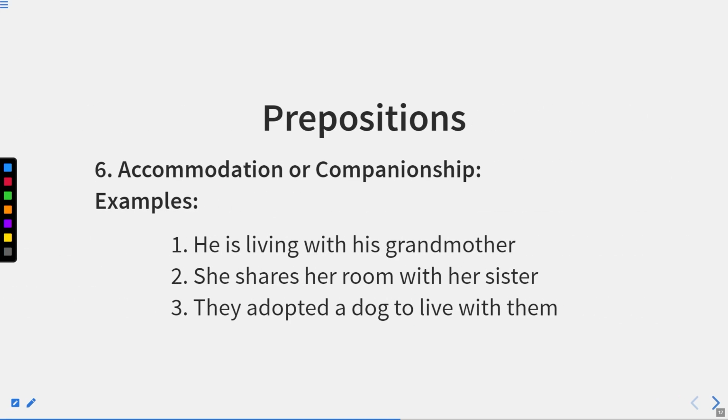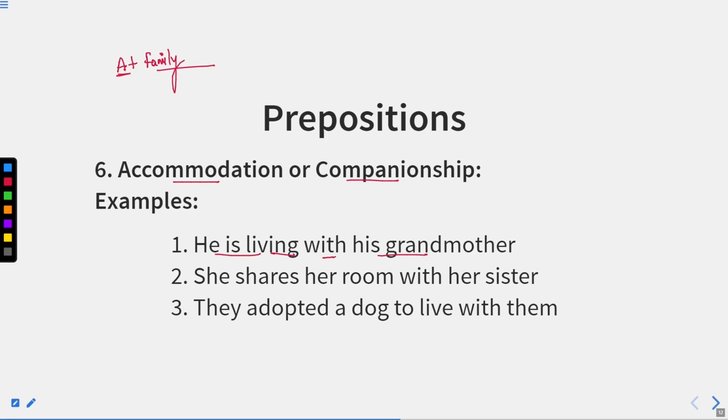Accommodation or companionship. Now, if accommodation and companionship have to be shown, we can use the preposition "with". How? Let us see some examples. He is living with his grandmother. If there is a person A and he lives in a city with his family, he is a part of his family, and he's also living with his family.